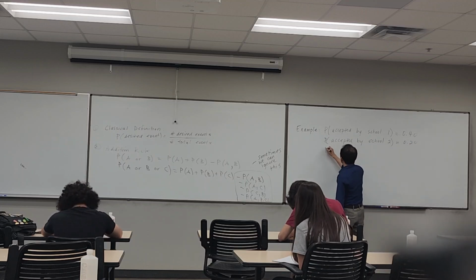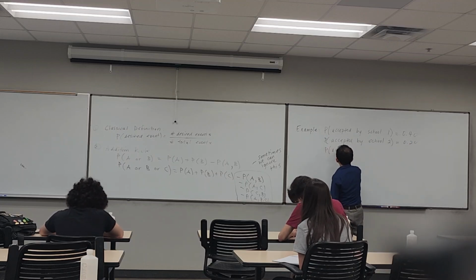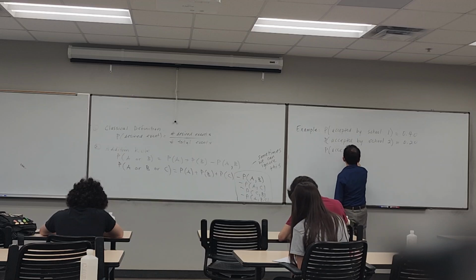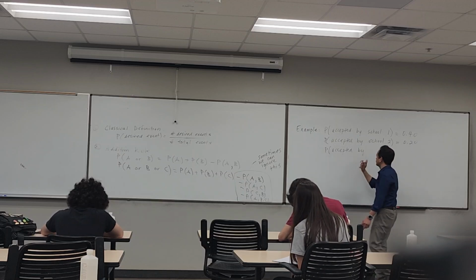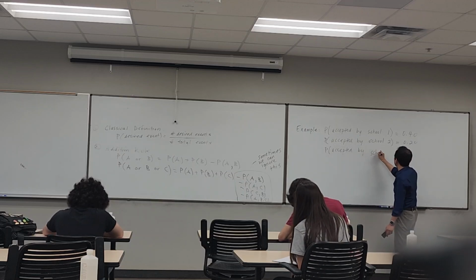The probability of getting into school three, let's say that this is like a moonshot school, and let's say it's 5%.